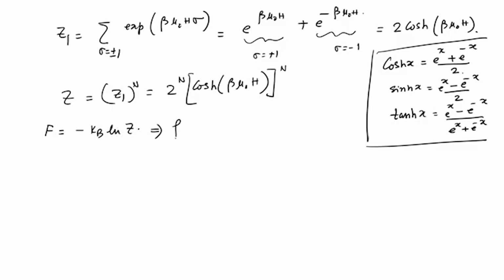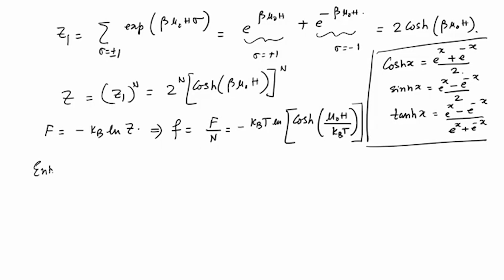and from there we calculate small f, which is F over N, which is minus k T log of cos hyperbolic. Let me make the temperature dependence apparent, by replacing beta by 1 over k T. So, that is the free energy per particle, and similarly entropy per particle.